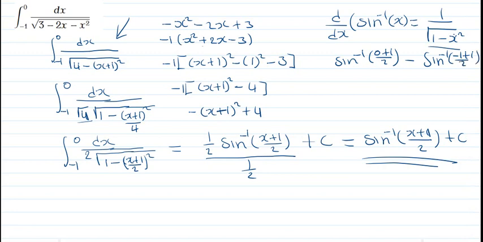When you're using degree mode, you are going to have sine inverse of half minus sine inverse of 0. So in degree mode, sine inverse of half is 30 degrees minus sine inverse of 0, which is 0, meaning that in degree mode we have 30 degrees. You might want to convert this into radians. That's your job.